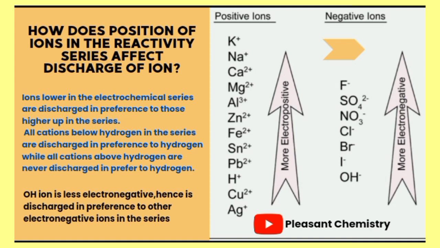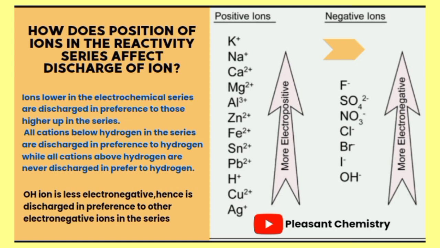So in summary, for cations, the ions that are positively charged, every ion above hydrogen will never discharge whenever they are competing with hydrogen. Take for instance, if sodium is competing with hydrogen, sodium will never discharge because it's more electropositive than hydrogen. So hydrogen will be discharged in preference to sodium. Why? Because hydrogen is less electropositive when compared to sodium.